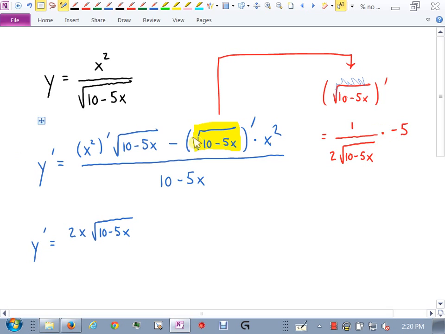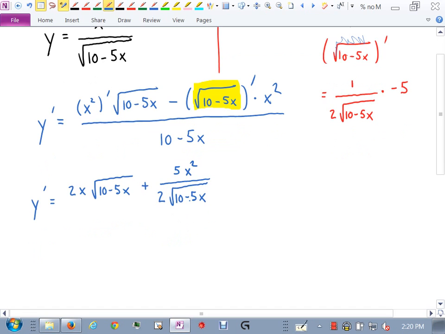It was negative, and this was a minus, so it'd be plus 5 on top over 2 root 10 minus 5x. And then I still had to multiply that by what? X squared. So can I put that x squared up here? Yeah. But then all of that is over 10 minus 5x.